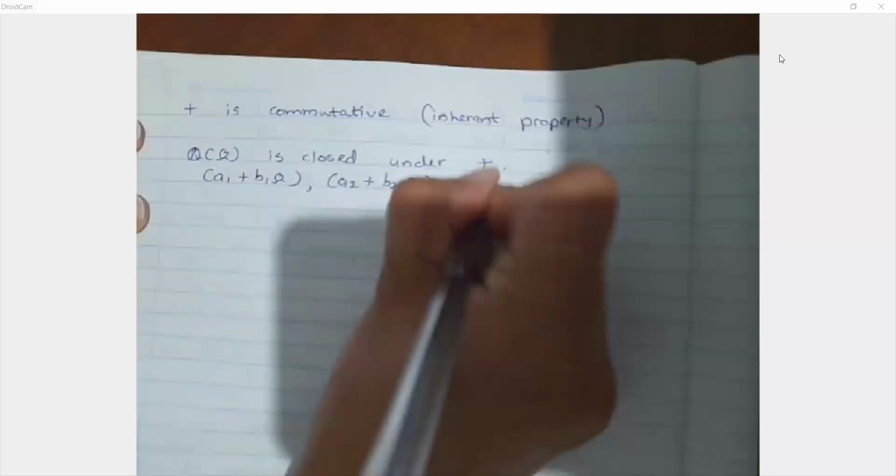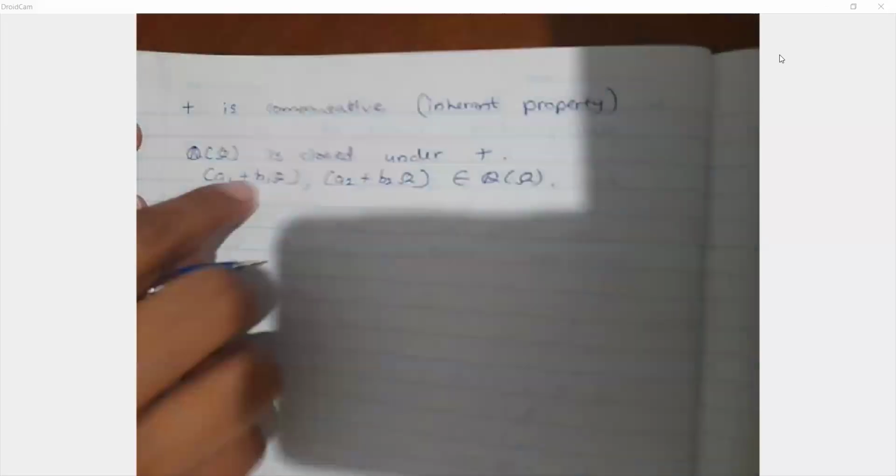First, we show that this set is closed under addition. Take any two elements, let's go with A1 plus B1 root 2 and A2 plus B2 root 2 from this set. It's easy to see that when you add these two elements, you get an element of the same form, an element in this set.